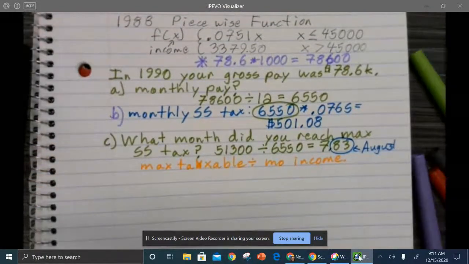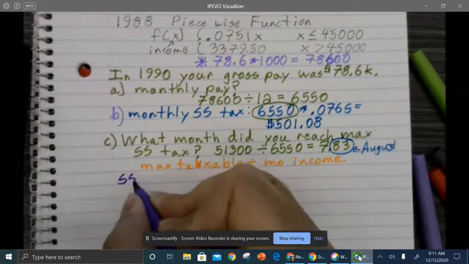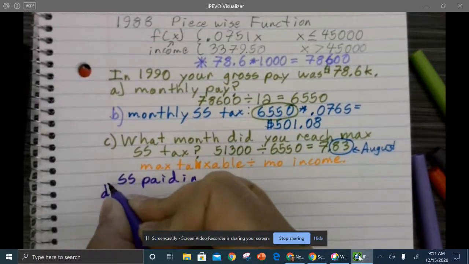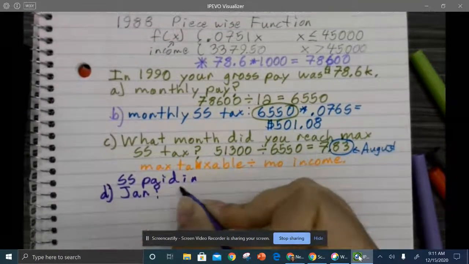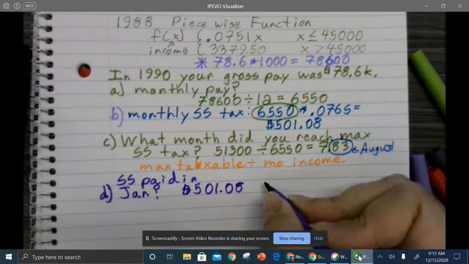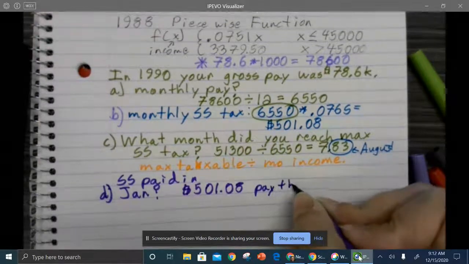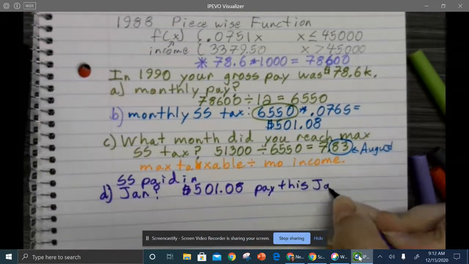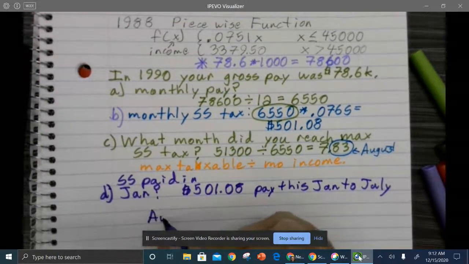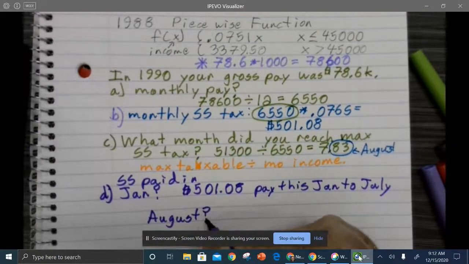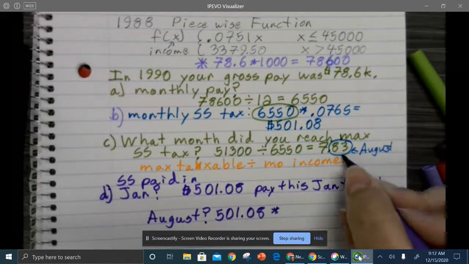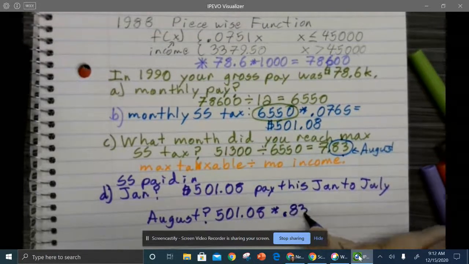So let's break this down a little bit more, everybody. So Social Security pay. Okay, so in January, $501.08. Okay, so you paid this January to July. Okay, in August, it's going to be $501.08 times the 0.83.